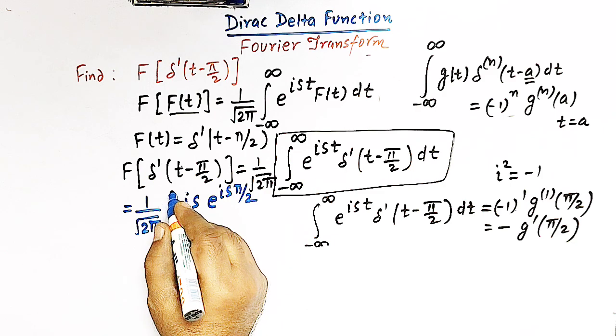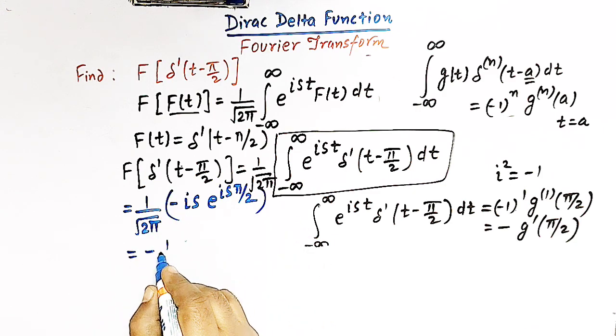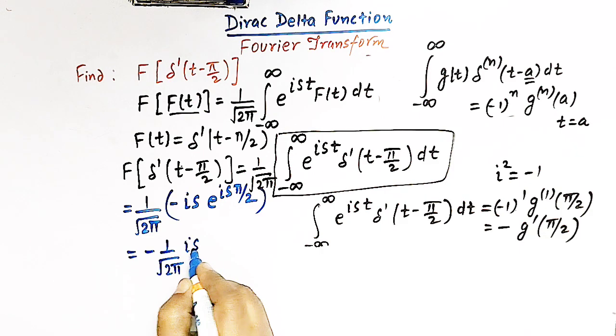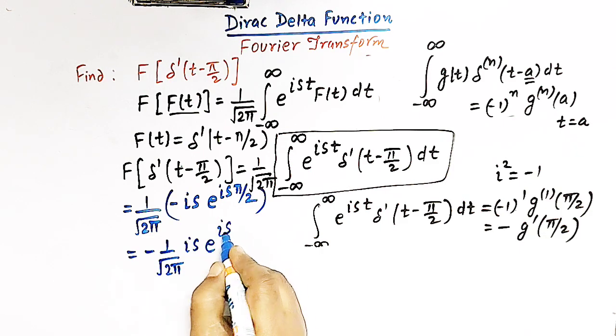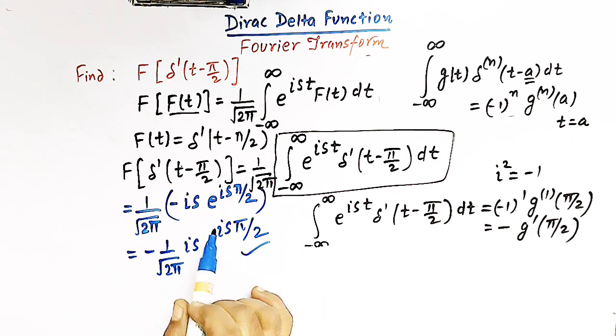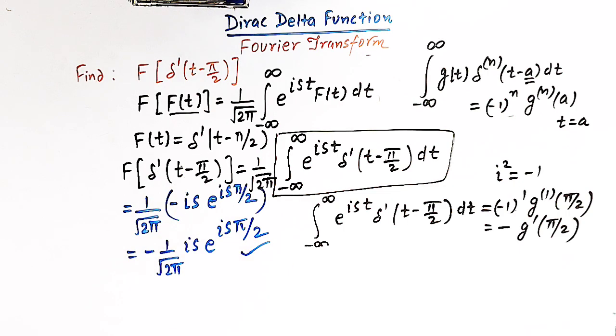We can also write this expression as minus 1 over square root of 2 pi, times i s e raised to i s pi by 2. So this is the required Fourier transform of delta prime of t minus pi by 2.